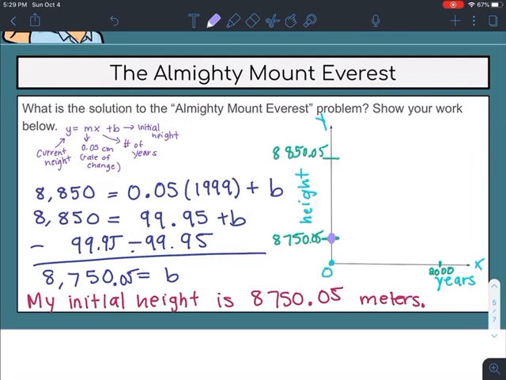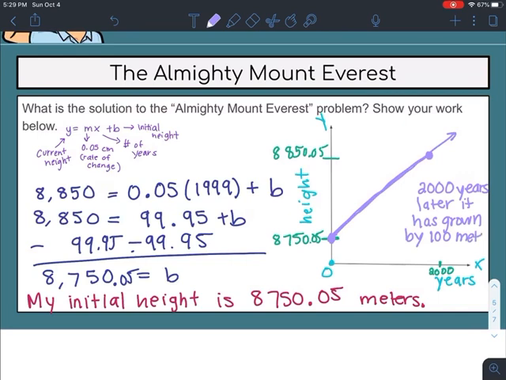And then at the year 2000, it's going to grow by, in this case, 100 meters. So 2,000 years later, it has grown by 100 meters, or in this case, 10,000 centimeters.